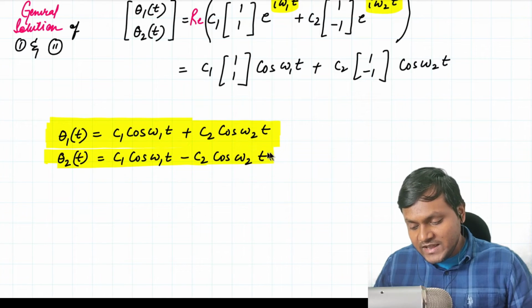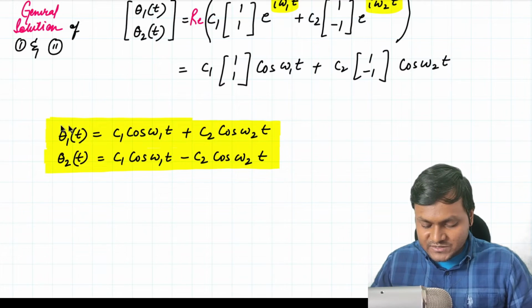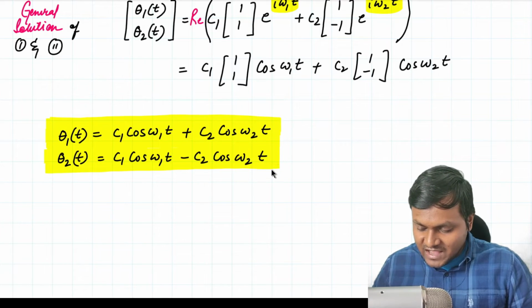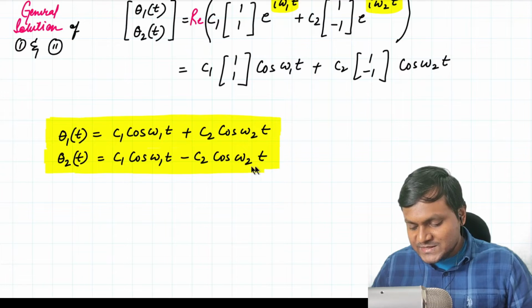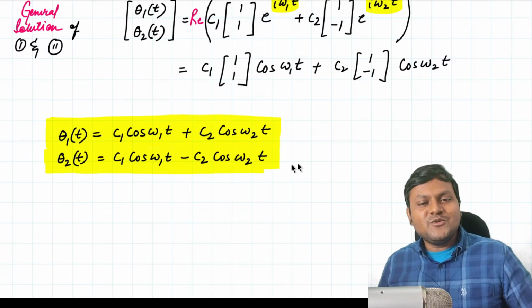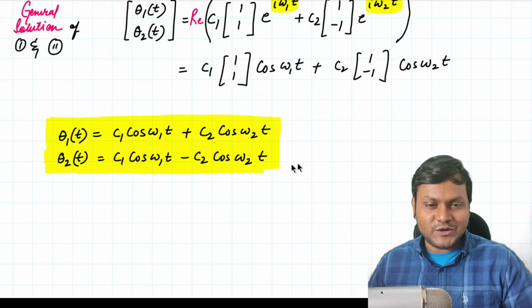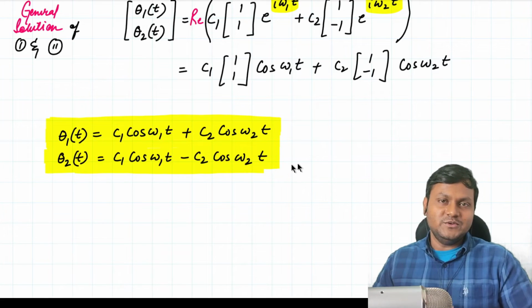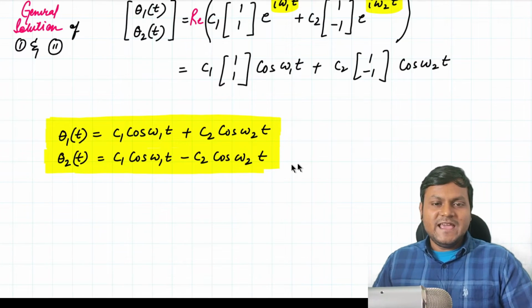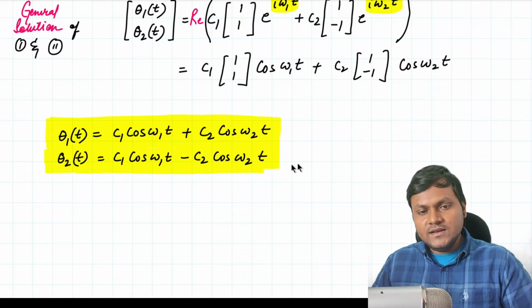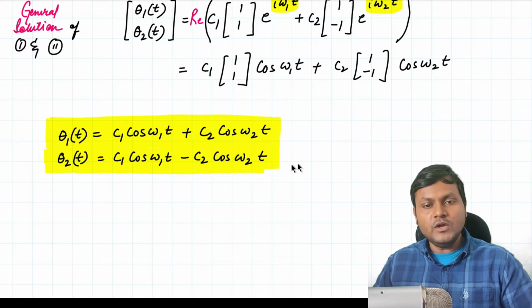So we have finally obtained the general solution for the angular displacements of both the masses in the coupled pendulum system. The interesting thing about the nature of the motion is that the general solution is a linear combination of two distinct frequencies.